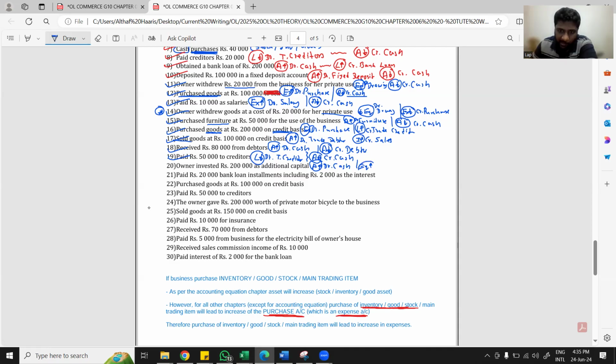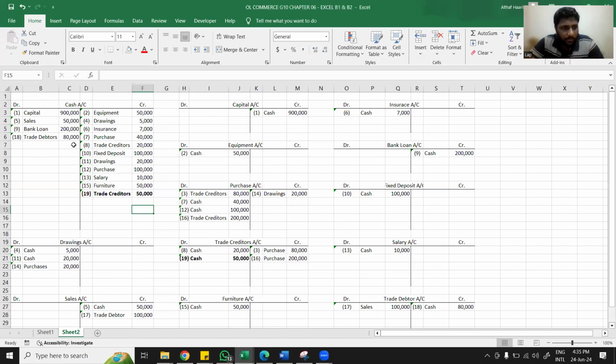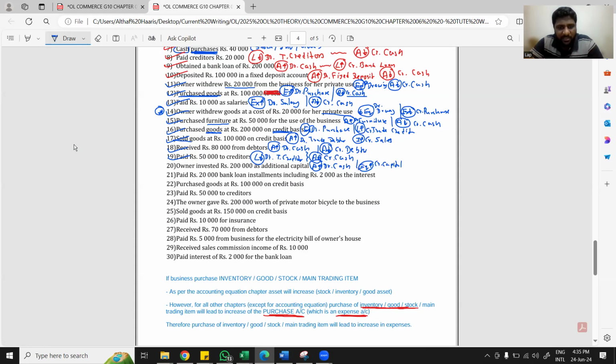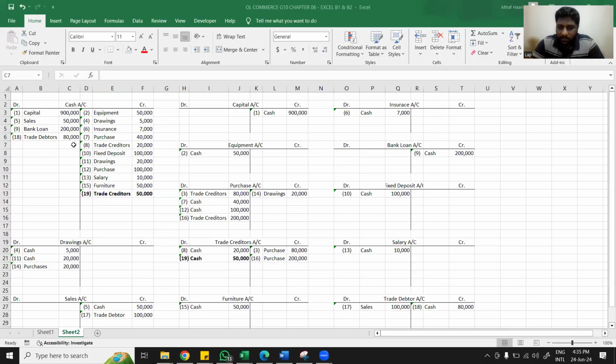Equity increase. Capital. Credit. Debit cash, credit capital. Debit cash, credit capital. How much? 200,000.